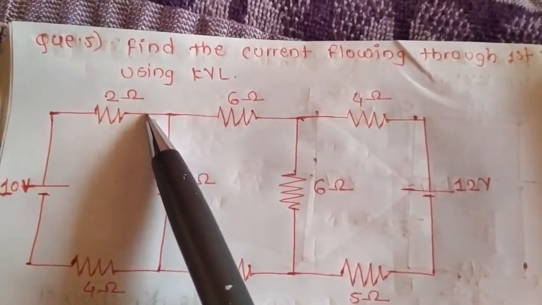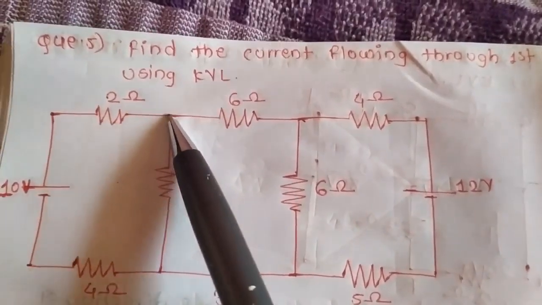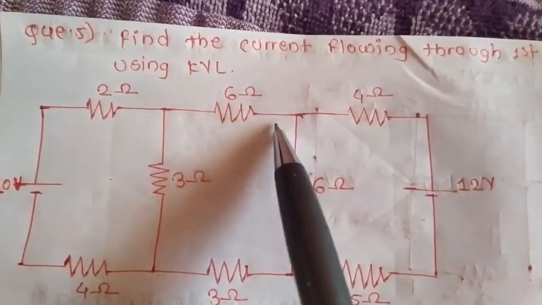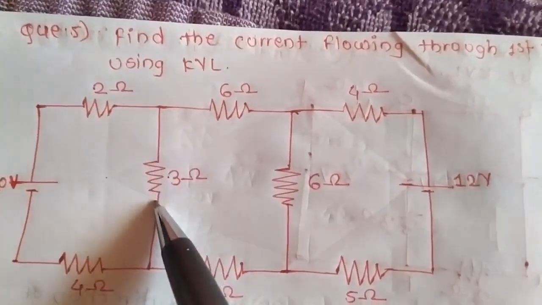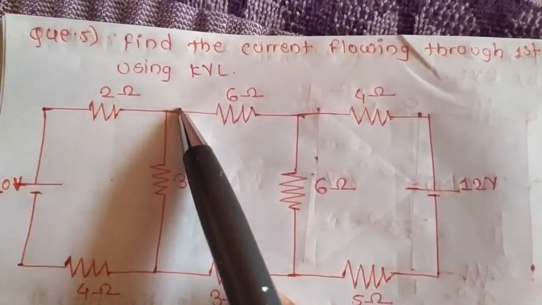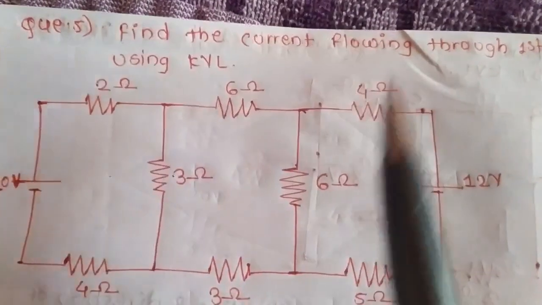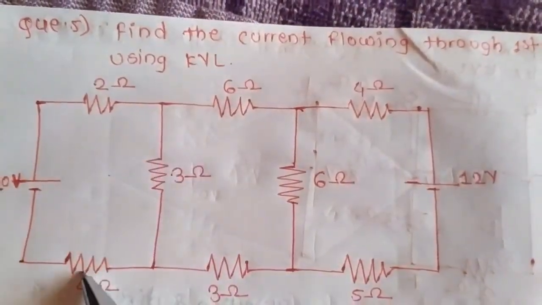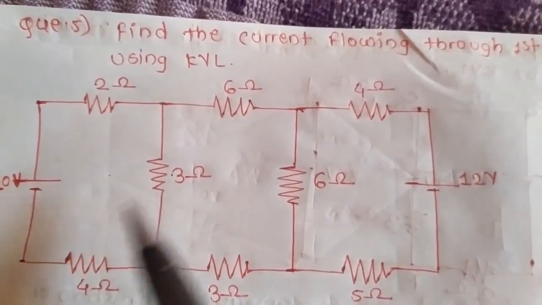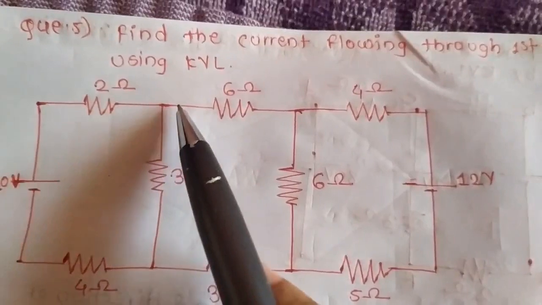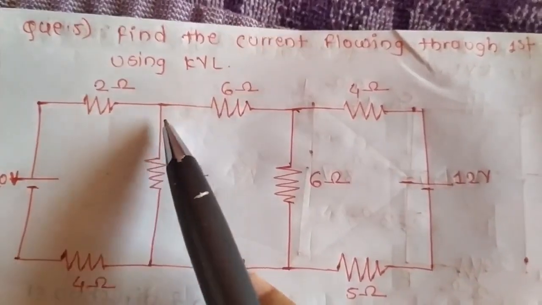If we take I1 here and I2 current is flowing for this second loop, then this branch gets current I1 minus I2, and again this I1 current flows here. For this branch only I1 minus I2.